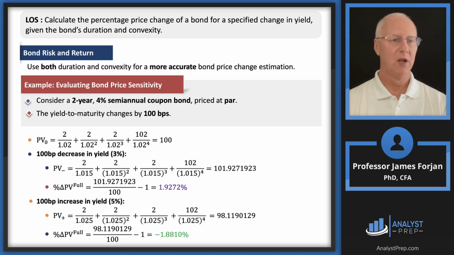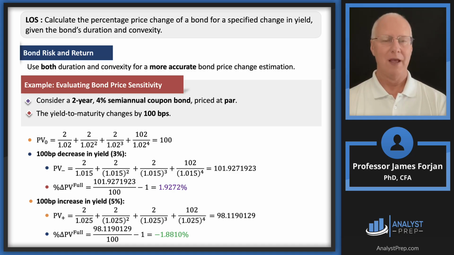Let's start with that first orange point. All we're doing there is computing and verifying that the bond is priced at its par value of 100. Then what we're going to do is say, let's suppose that we have a 1% decrease in yield, and that's from 4% down to 3%.